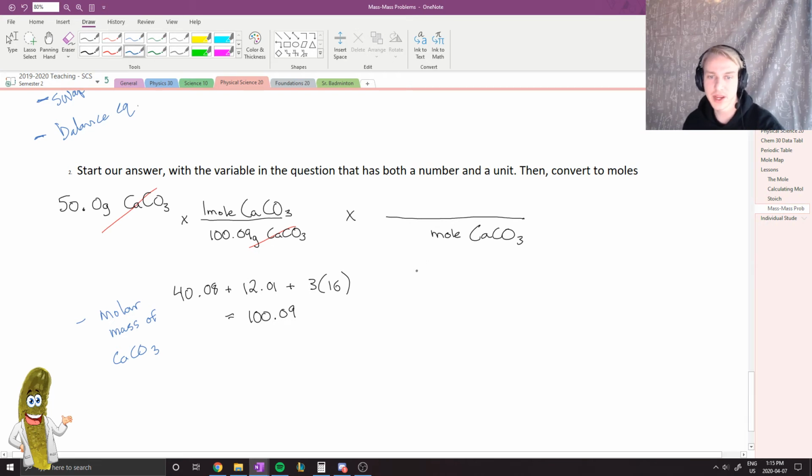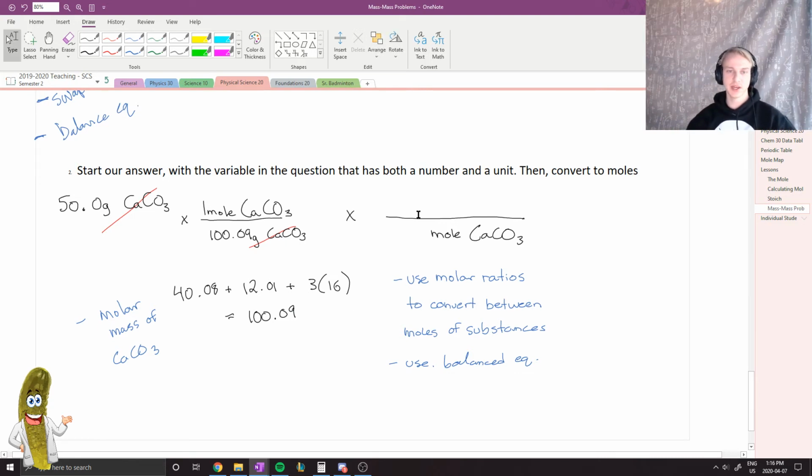So what we want to do in this step here is we want to use the molar ratios to convert between moles of substances. And to do so, we're going to use our balanced equation.